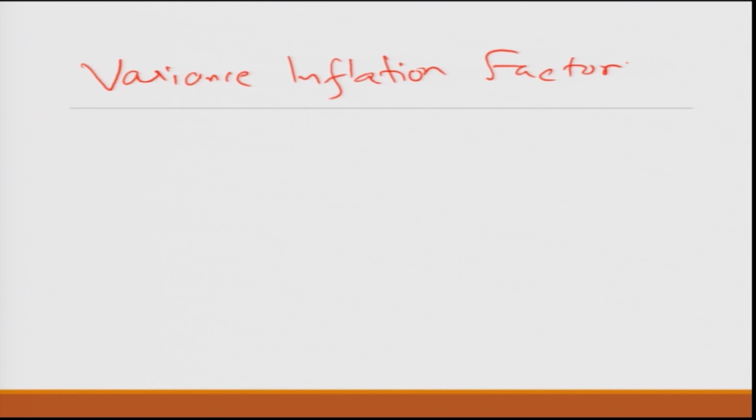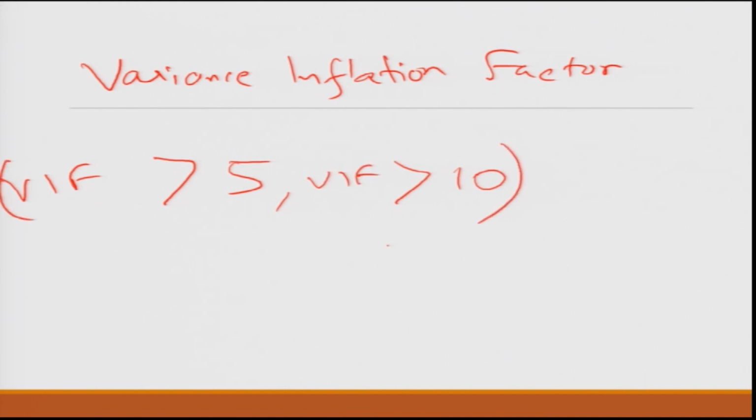Typically, if your VIF is greater than 5, then it's a concern, or some people get liberal and go up to 10. Depending upon the kind of problem, that is a variable of concern, and then you try to deal with it. The first step is that you realize that yes, there is collinearity there. Now how do you deal with it?